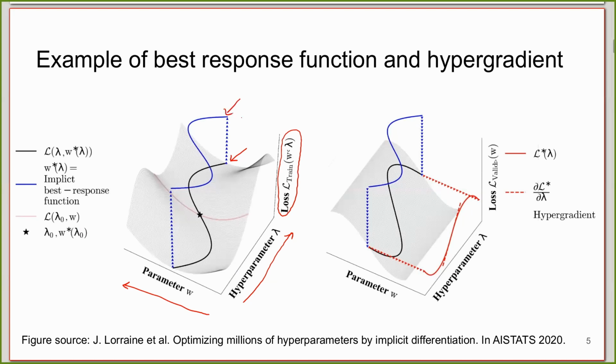Okay, and then what we're interested in is combining this function with the validation loss, which appears here on the left.